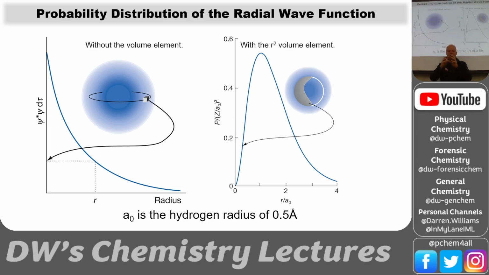So the volume element goes to 0 as r goes to 0, and that's why we end up with the wave function being pinned back down to 0. You see an r squared term, this r squared volume element causes the wave function to drop to 0 at r equals 0.